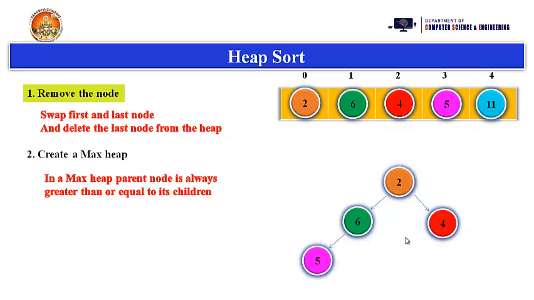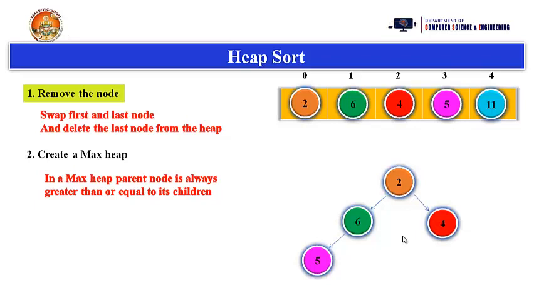Why? Because we are swapping the root node with the last level leaf node. Why do we need to swap the root node and the last level leaf node? It is a max heap tree. In a max heap tree, we get the maximum element at the root node itself.